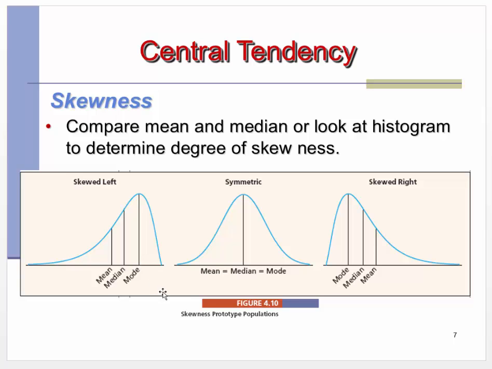When the data is distributed symmetrically, the mean, median, and mode should all equal each other. They should be right here. When it's skewed to the right, where the longer tail is on the right, the mode is still here at the highest point. The median should be on the right, and so is the mean. Okay? That's skewness.